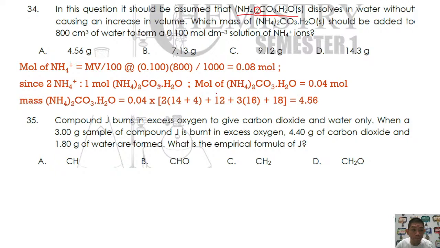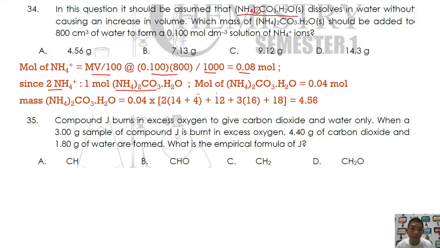So you use MV over 1000 to get the mole because you want to find out what is the mass that you should use. So mole of the ammonium ion, you use MV over 1000, so you get 0.100 times 800 over 1000, you get 0.08 mole. So stoichiometrically, 2 ammonium ions is to 1 mole of the salt.